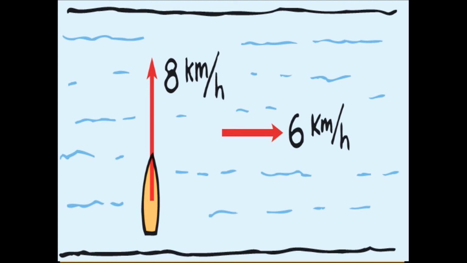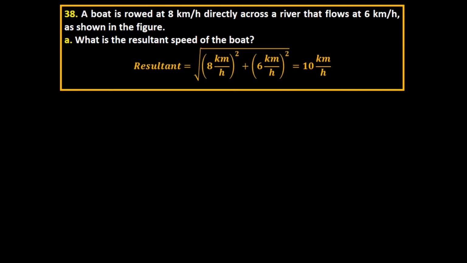So the answer would be 10, because it's 2 times 5, because 2 times 4 is 8, and 2 times 3 is 6. So instead of 3, 4, 5, it'll be 6, 8, 10. So that's a pretty straightforward problem to do.